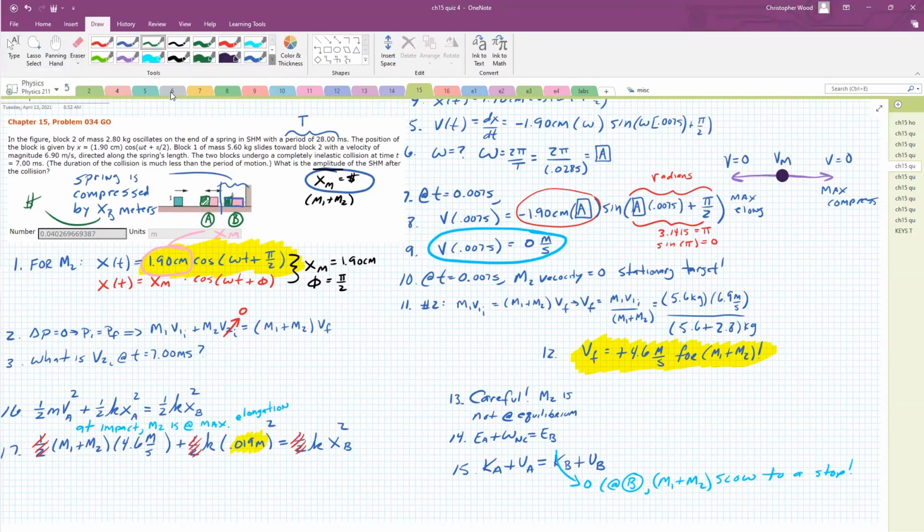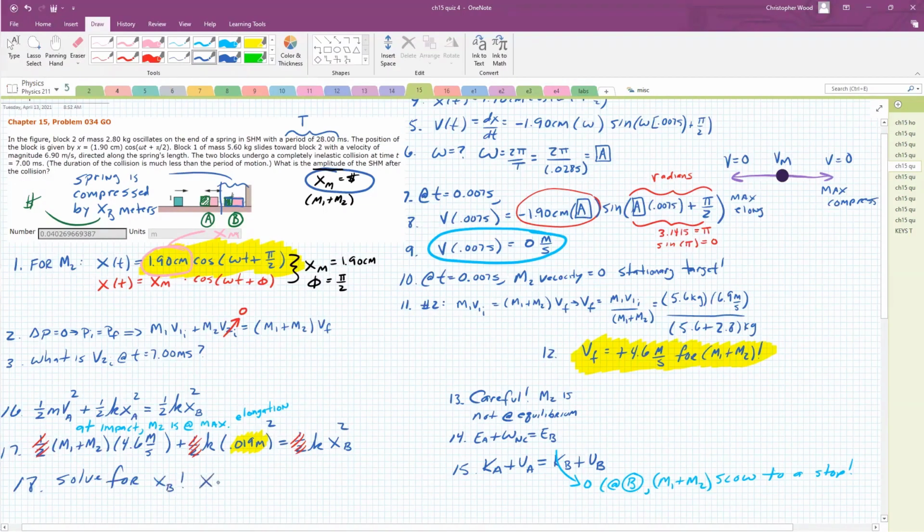Number 18. Solve for x subscript b. Let me do it too. Oh, and I forgot the squared.